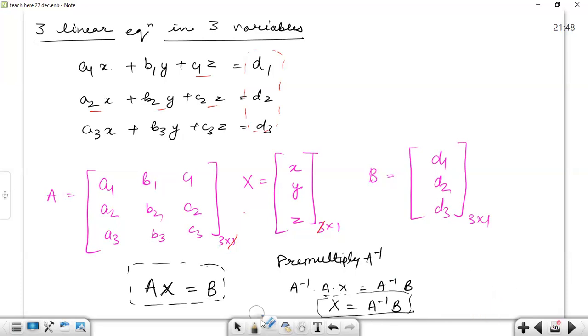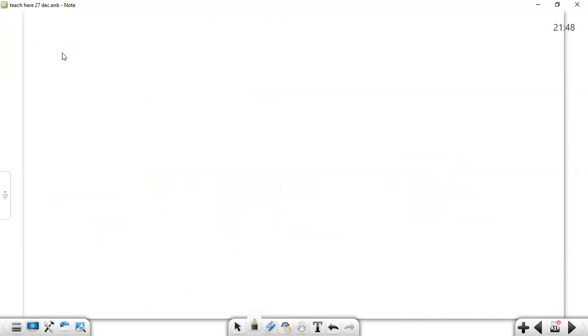Okay. But what about the conditions in this particular method? When there will be an infinite solution, when there will be no solution, when there is a unique solution. If A's determinant is non-zero, then there will be a unique solution.